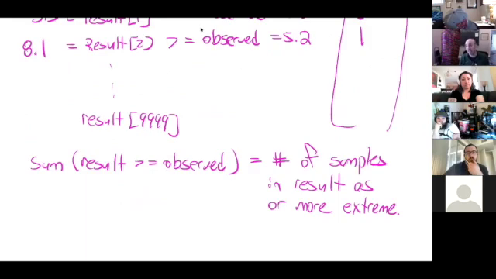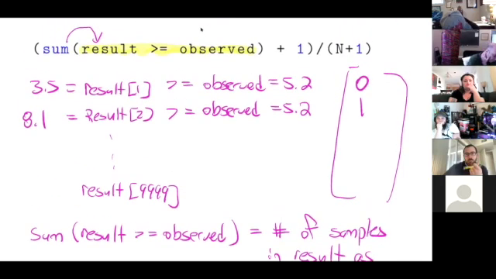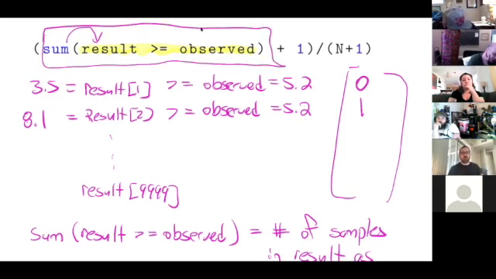So that's exactly counting up how many samples were as or more extreme than observed. So that's what all this stuff is counting over here.